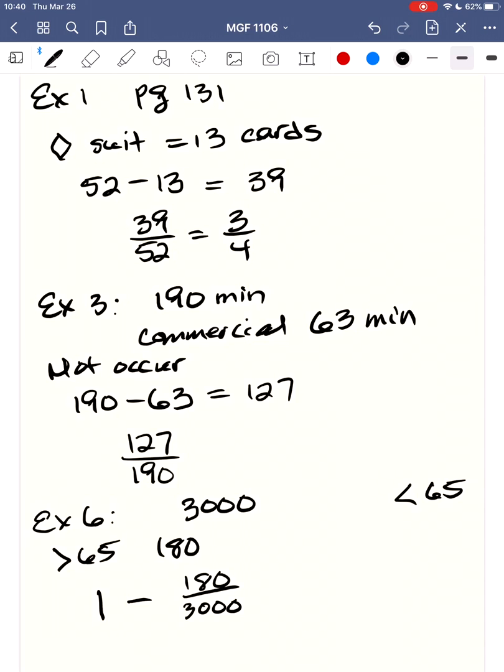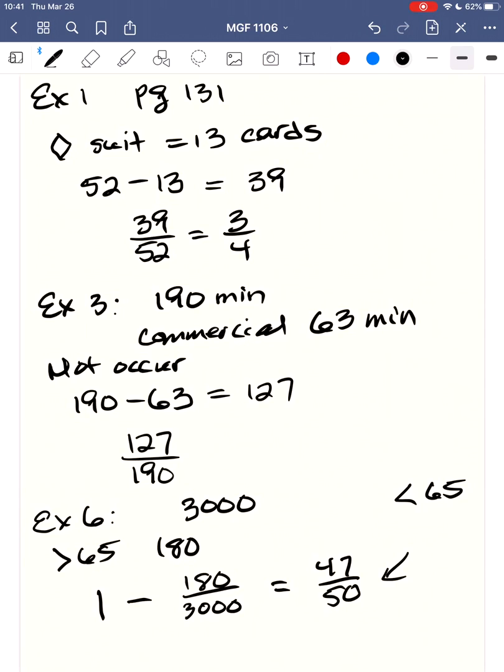When I put this in the calculator, I end up with 47 over 50. I can get that simplified fraction right from my calculator. So this is the probability that they are less than 65. And it saved us a little bit of looking for the ones that are 65 or over, because we wanted to look for the complement.